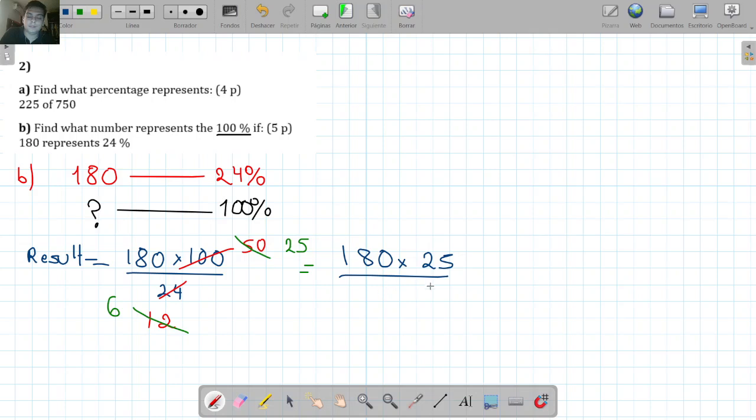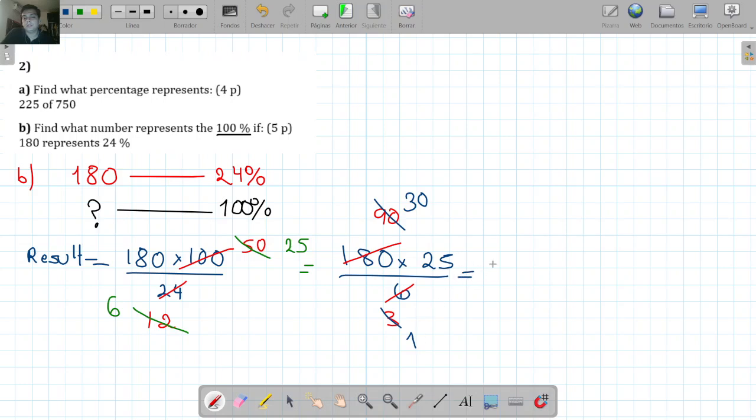Here we have 6 now. I can take the half of 180 and the half of 6, which is 90, and here 3. And 90 I can divide by 3. I can simplify it very easy. 90 divided by 3 is just going to be 30, and 3 divided by 3 is just 1.